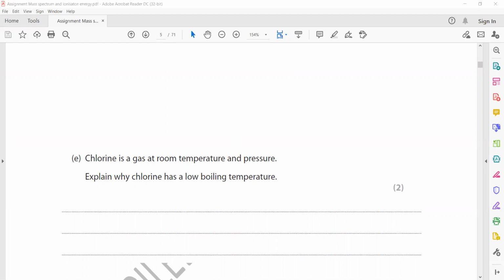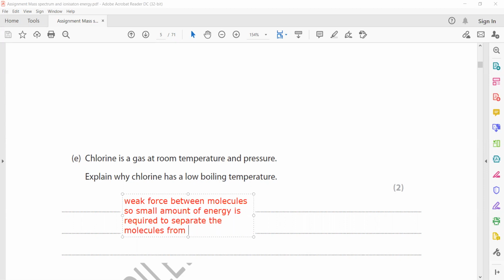Because it has weak intermolecular forces, or London dispersion forces, so it is easy to separate the molecules from each other, and only a small amount of energy is needed.